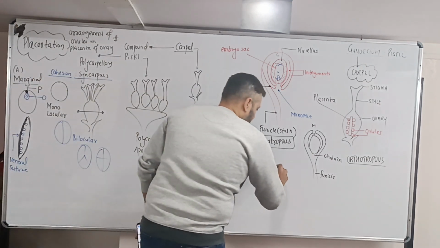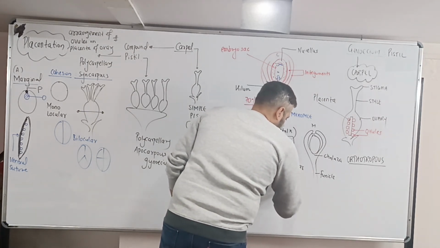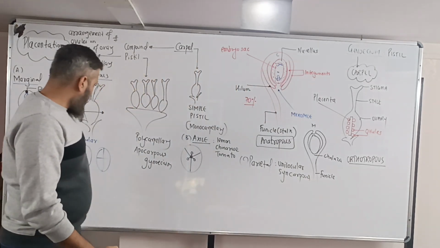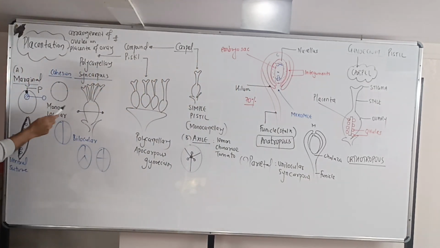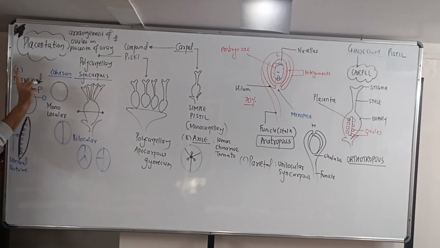What does syncarpous mean? This condition: there are many carpels and all the carpels have fused. And how many locules are there? 1. So it is unilocular, meaning monolocular. And it is syncarpous. All the carpels have fused.